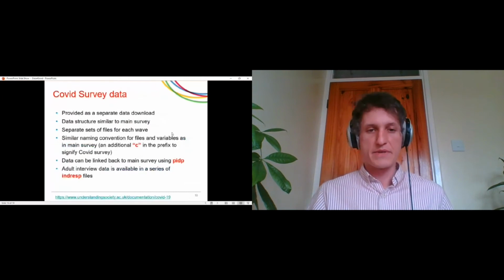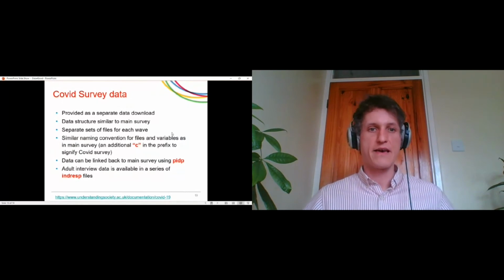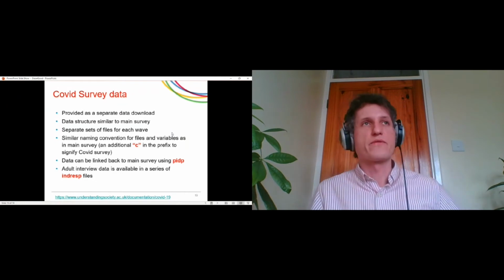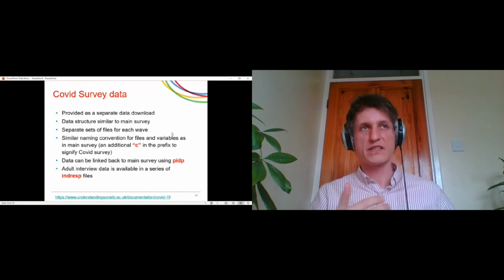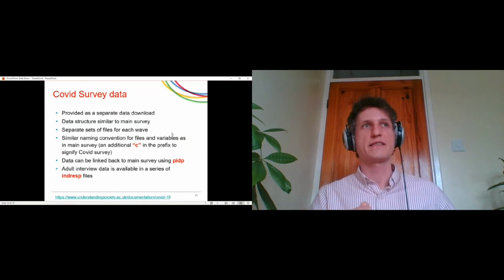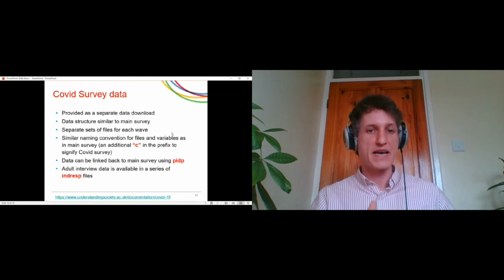And my final point, the last thing I want to discuss, is a bit more information about the COVID survey data, looking at it from a data perspective. It is a study which is closely related to the Understanding Society main stage survey.